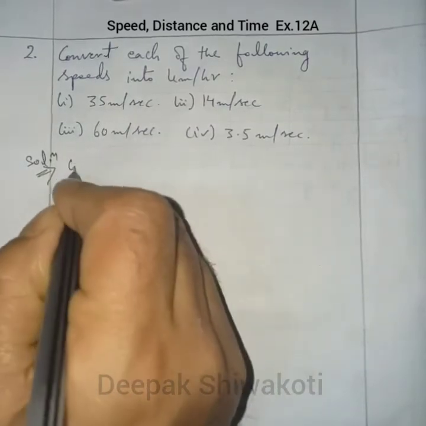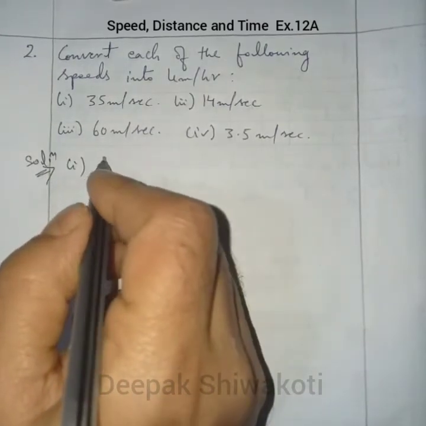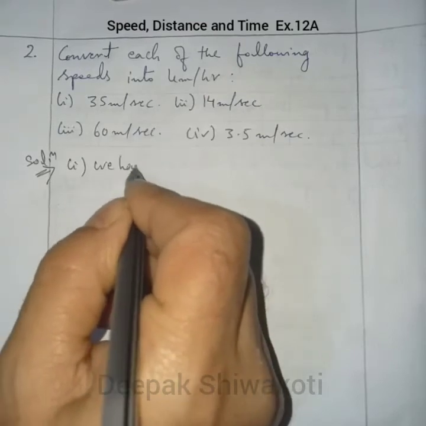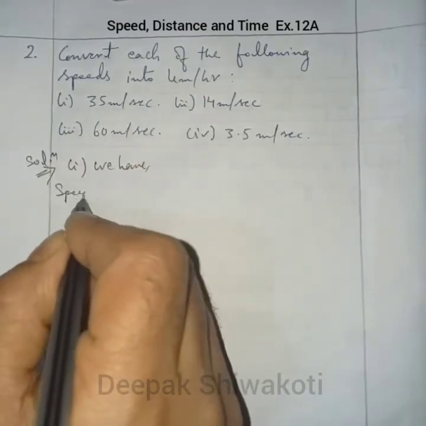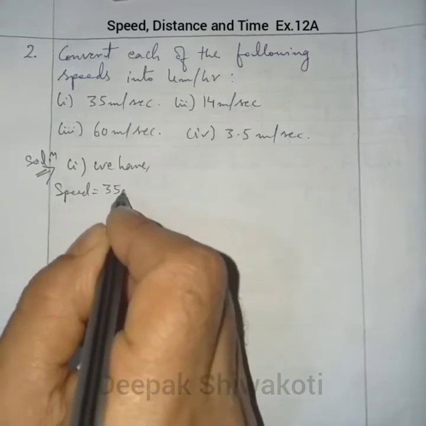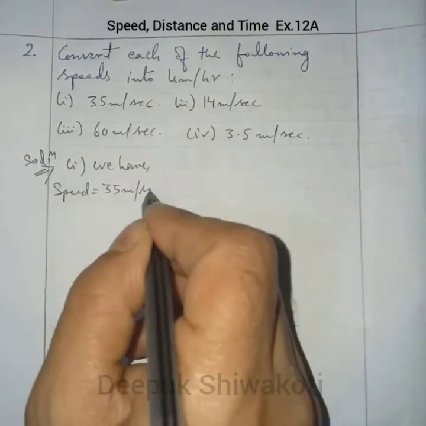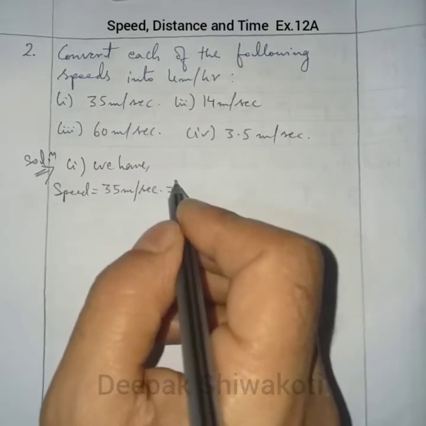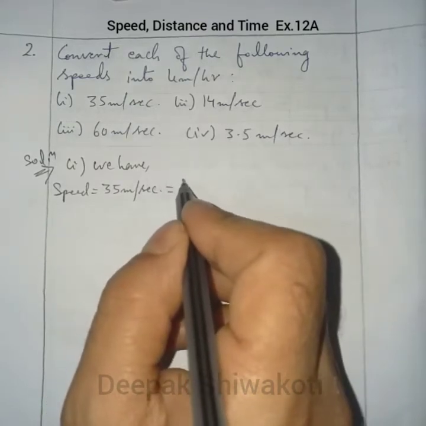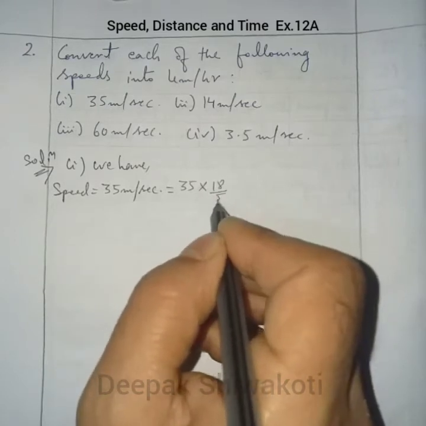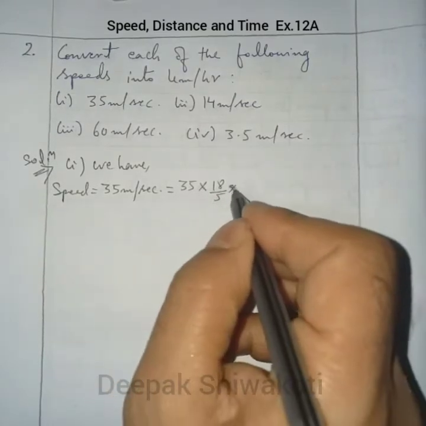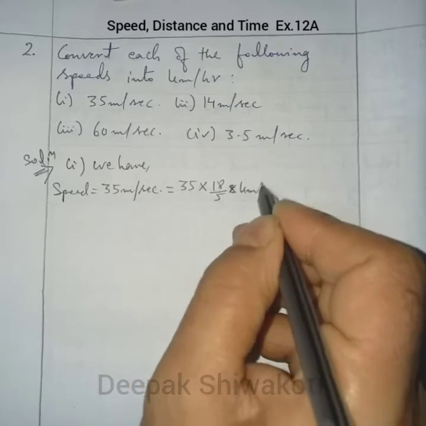Number 1, we have speed equal to 35 meter per second. If we multiply this speed by 18 by 5, 35 into 18 by 5, it will be converted into kilometer per hour.